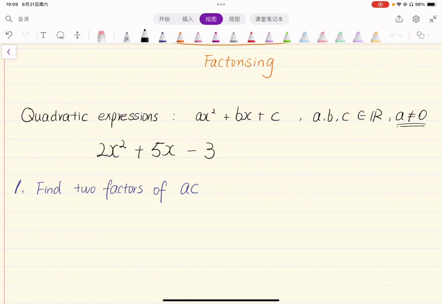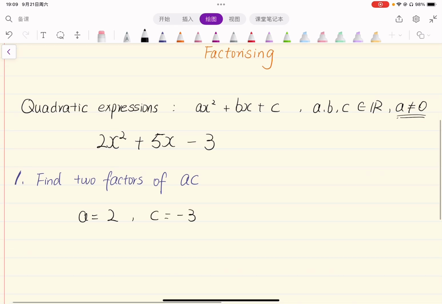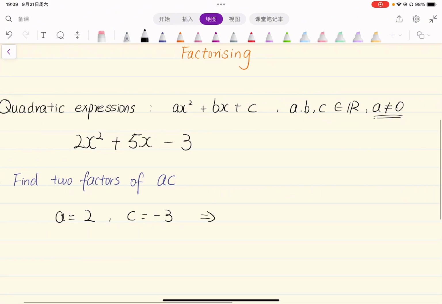We can say A equals 2 and C equals minus 3. Thus, AC equals minus 6, right? 2 times minus 3, we got minus 6.